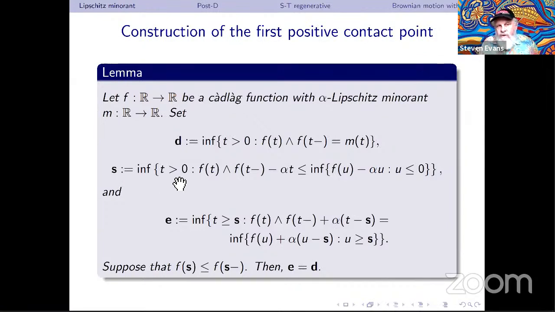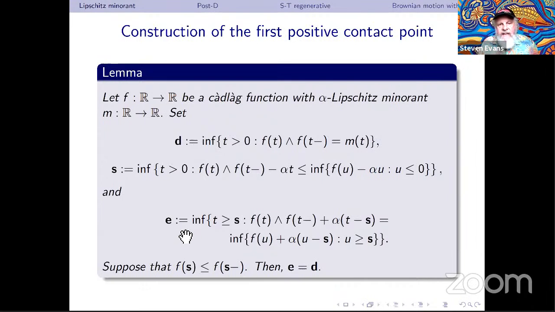S is the first time greater than zero that this function here is equal to the infimum of that function for values of u less than or equal to zero. So it's the first positive time that this guy attains its infimum over negative values.